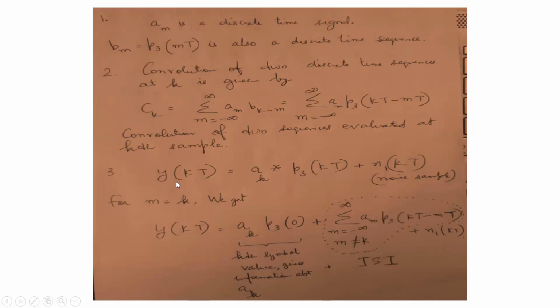Now, if you look carefully, what is happening? What is y(kT)? y(kT) is the convolution of a_k and p3(kT), and the result is sampled at a particular time instant. This is the result of the convolution of a_k with p3(kT). Now I want to make the ISI term 0.